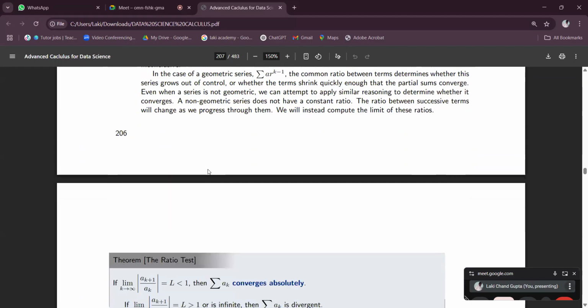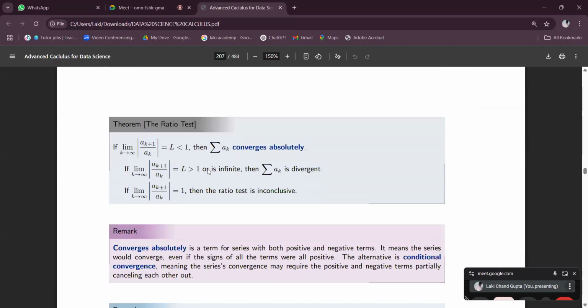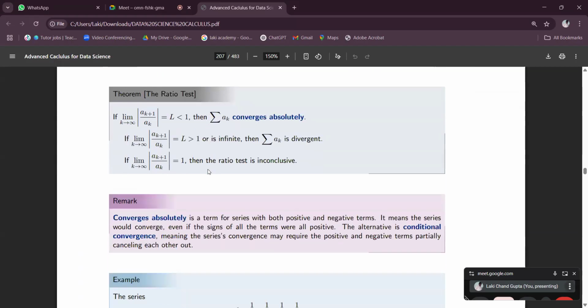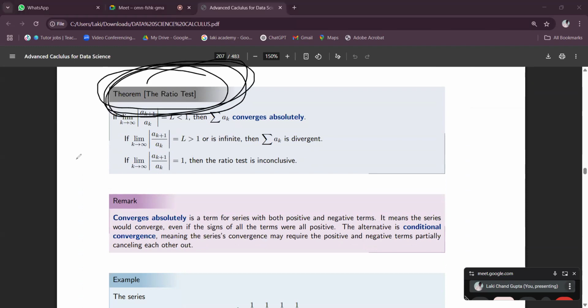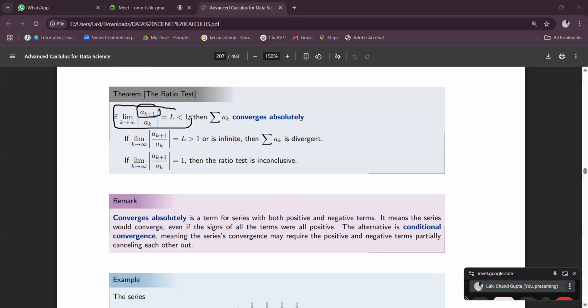Now we see the ratio test. This is important. Here you are going to check whether a series is convergent or divergent. We have to check by using the ratio test. What does it mean? If the limit of a_(k+1) upon a_k is L less than 1, then you can say convergent.